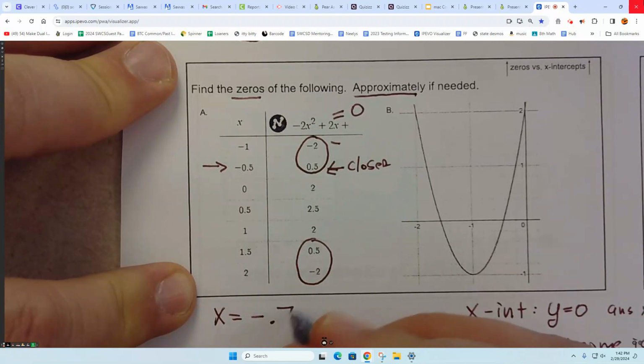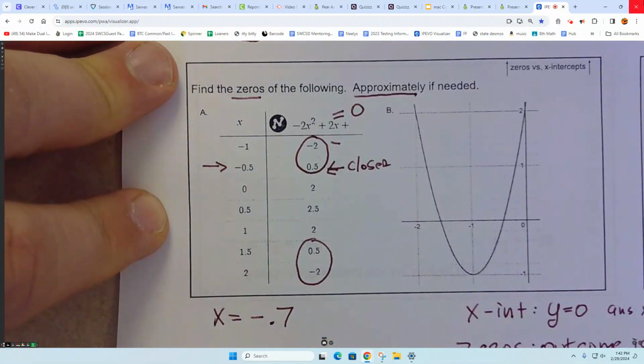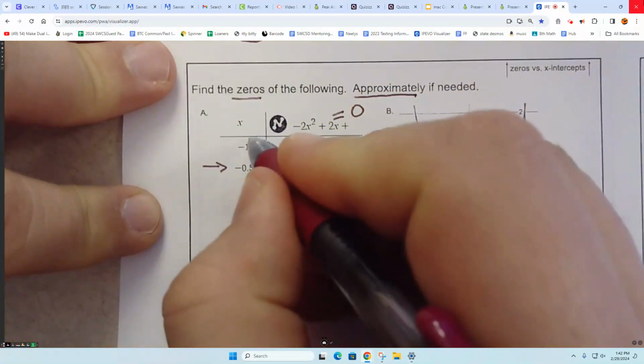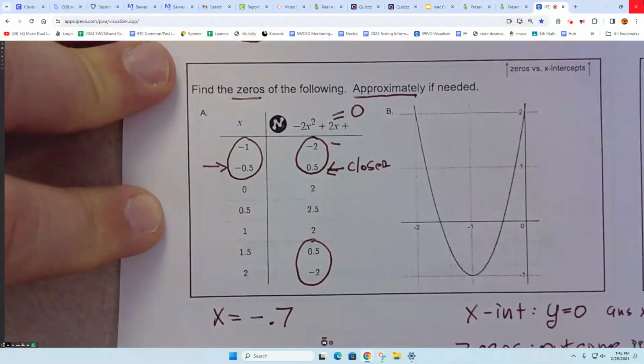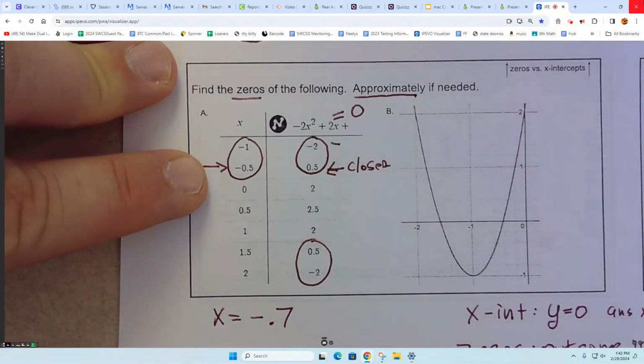So here's the deal. We know it's between these two numbers, but it's closer to this one. You were giving me numbers that were not between those two numbers.